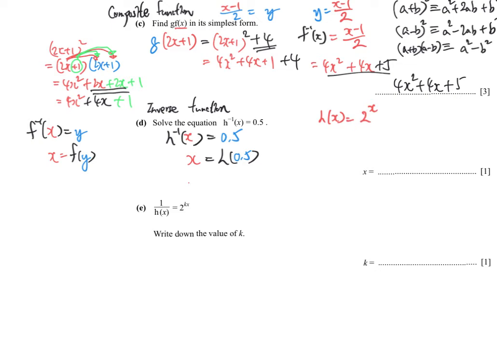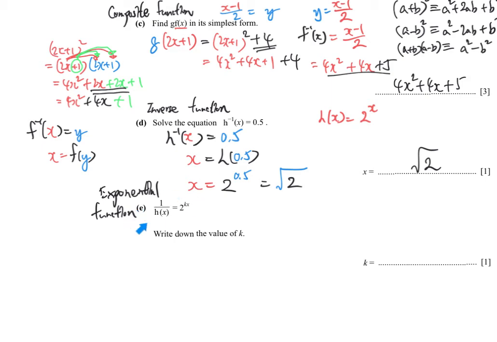So the x here will be equal to 2 to the power 0.5. But for 2 to the power 0.5, this is just equal to the square root of 2. All right, so I will have this as the final answer. The final answer is square root 2. That's it.